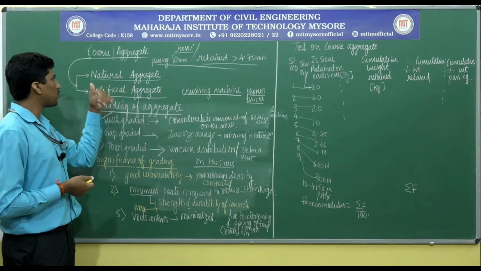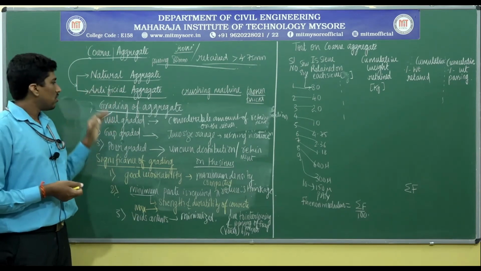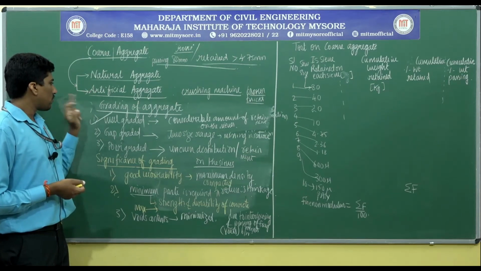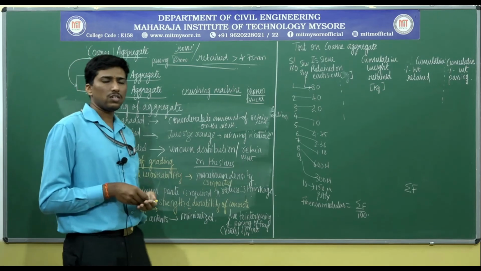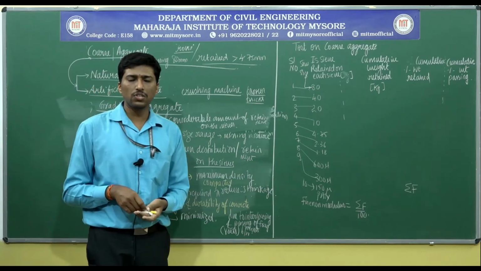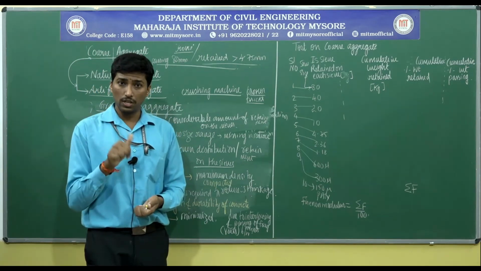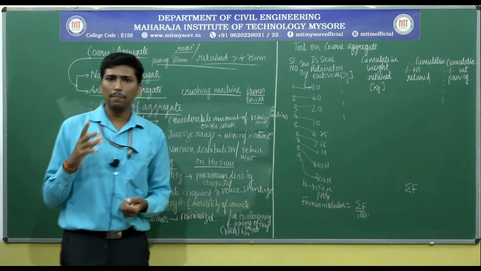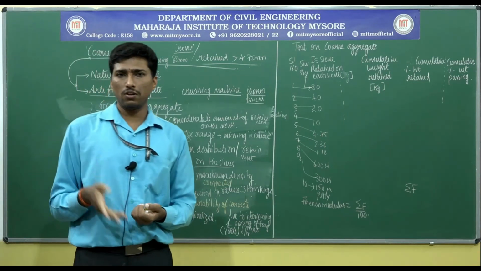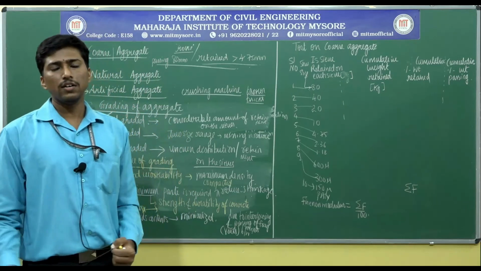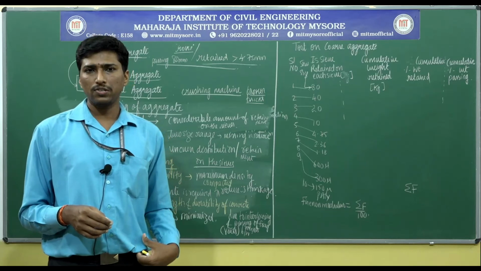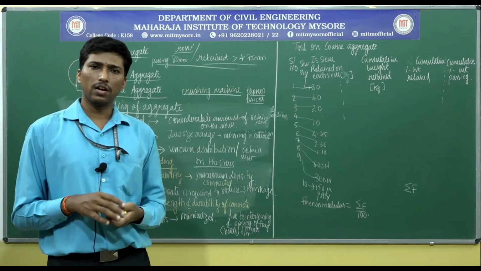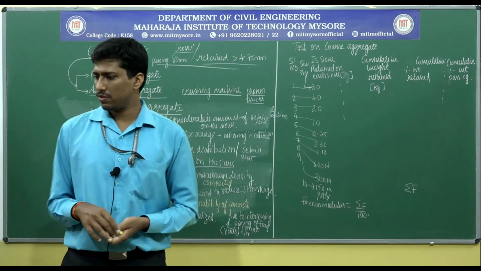Now you have come across the concepts of natural aggregate, artificial grading as well as the significance. Now it is time for testing the quality of the materials. Testing the quality of the materials which are used for the engineering purpose is mainly to determine the structural, or what we also call the strength properties, which are also denoted as the mechanical properties of the materials, along with the gravimetric analysis.